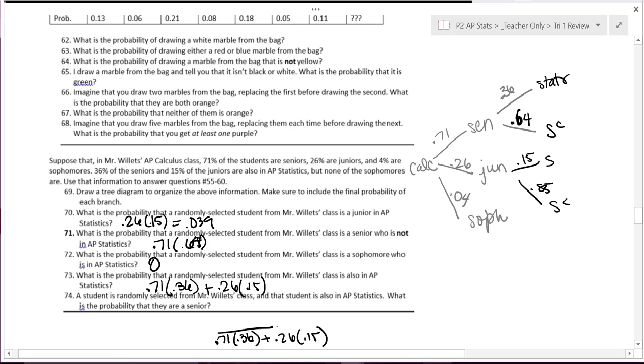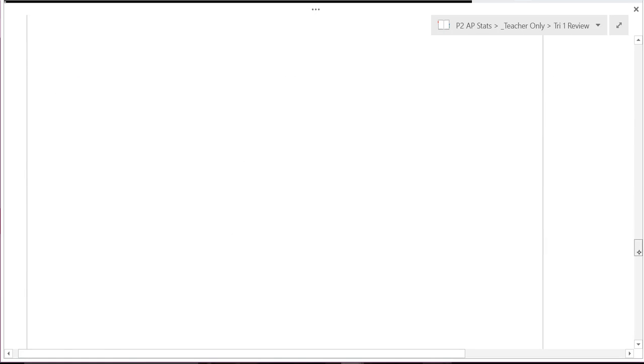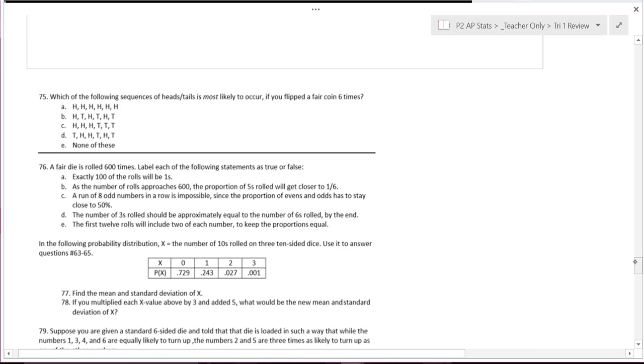And the probability that they are seniors, so remember this is all Stats, that are also in Mr. Willett's class, is that 0.71 times 0.36. And after you get that math done, it should result in 0.8676. Let's scroll down past this weird break.